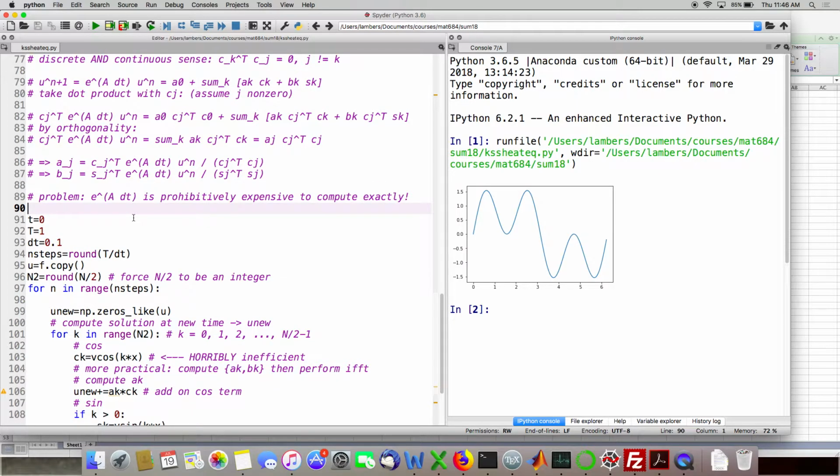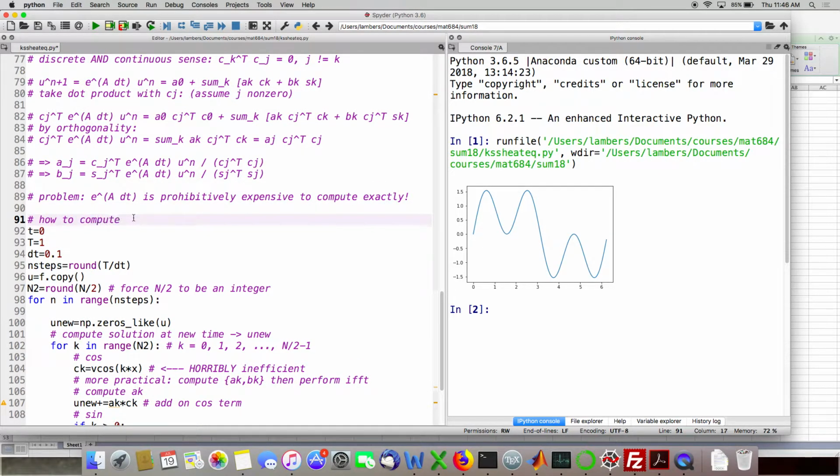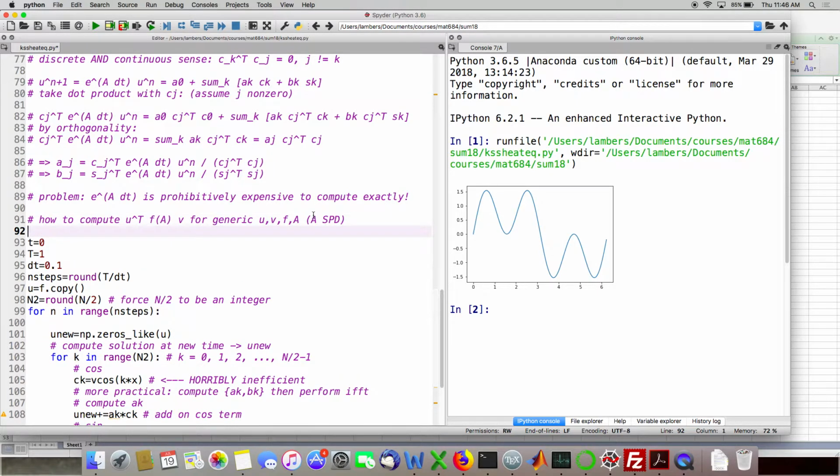So how to compute U transpose f of A v for generic U, v, f, and A. And for this discussion, I'm assuming that A is symmetric positive definite, which it is in this case, just to simplify things.